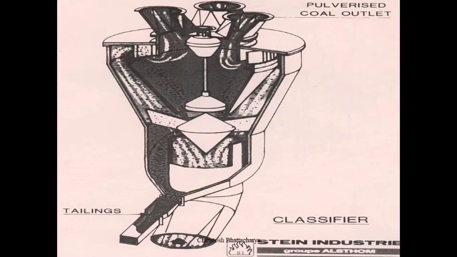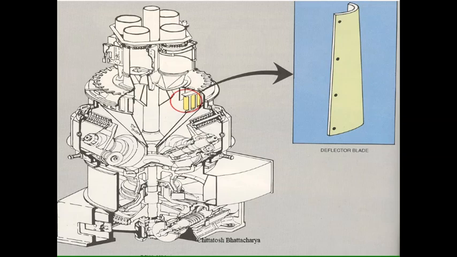So this way we continue to pulverize the coal, dry the coal, and convey pneumatically the pulverized coal according to the required fineness to the furnace.